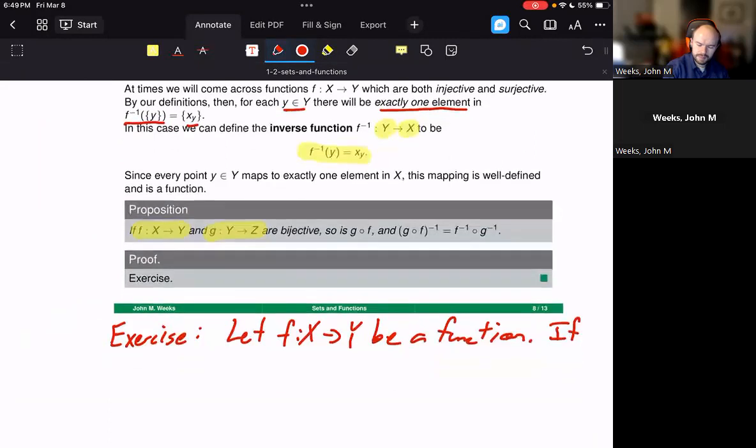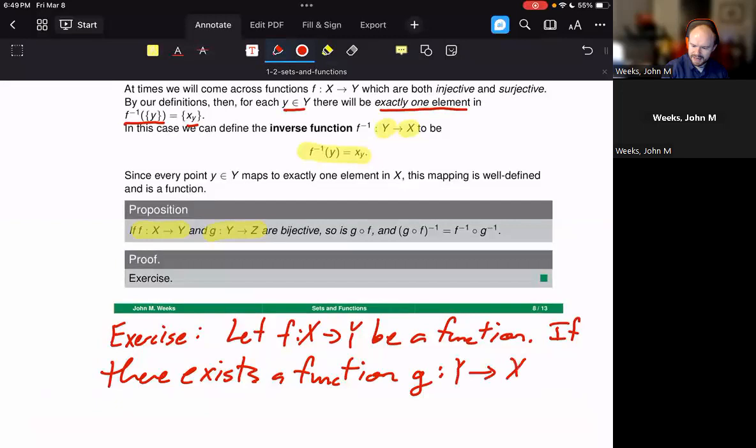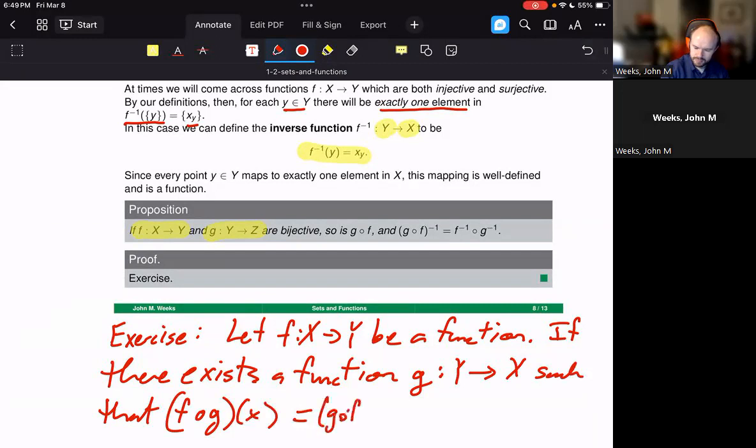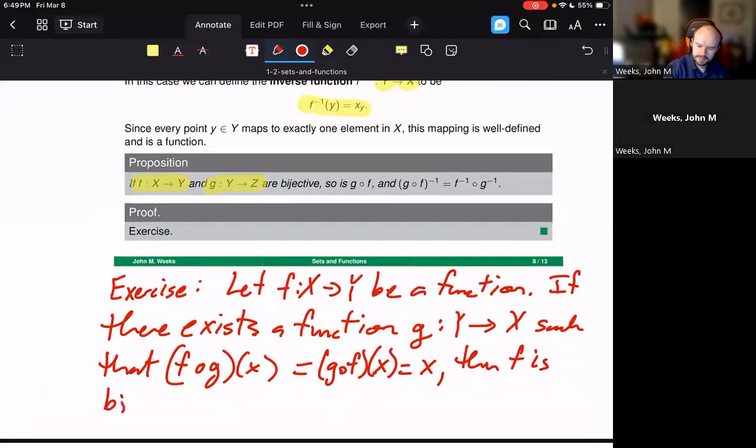If there exists a function g, this one being from Y to X, such that f composed with g is equal to g composed with f is equal to the identity on x, then f is bijective, and g is equal to f inverse.